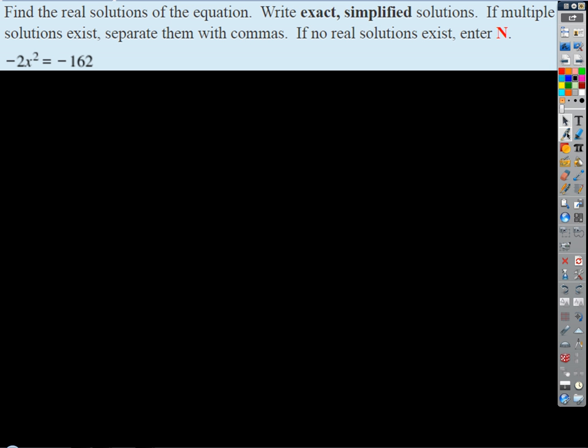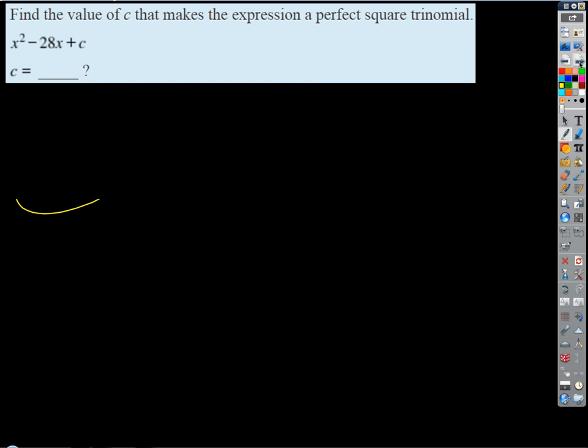So we're trying to solve this thing. I'll divide both sides by -2. So x squared equals 81. So what's x? Okay. What's the value of c that makes the expression a perfect square trinomial? 196. No? Oh yeah, you're right. 196. Good.